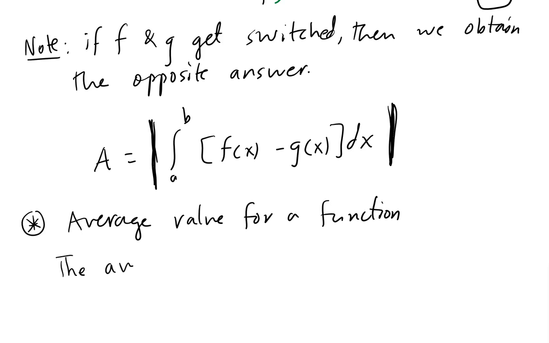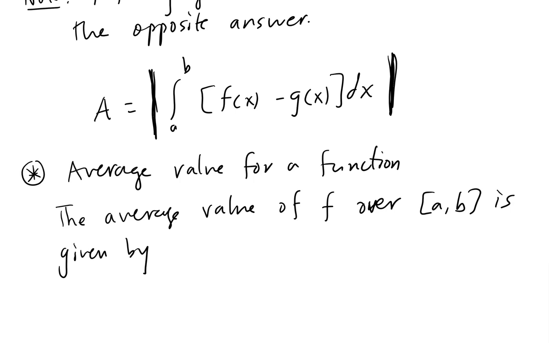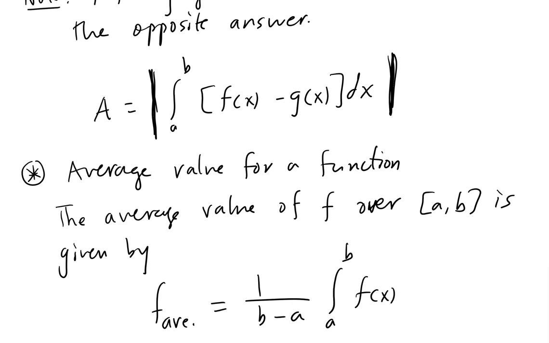We say the average value of a function f over the interval a to b is given by, we call it f average, 1 over b minus a, the integral from a to b, f of x dx.